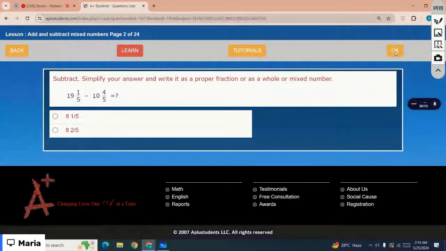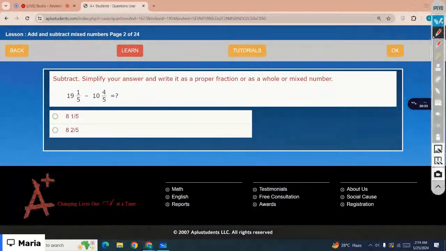Okay, the next one is 19 whole 1 over 5 minus 10 whole 4 over 5. So let's just rewrite again, right? Because you cannot subtract 1 out of 4. So you need to rewrite this as 18 plus 1 plus 1 over 5. Then you have to write this one as 5 over 5.